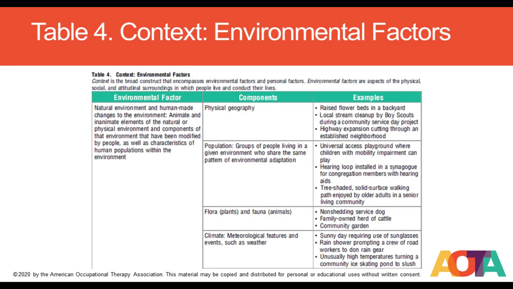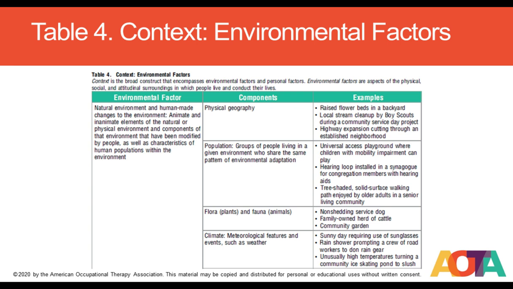Environmental factors are aspects of the physical, social, and attitudinal surroundings in which people live and conduct their lives. Environmental factors influence functioning and disability and have positive aspects or facilitators, or they could have negative aspects, such as barriers or hindrances.